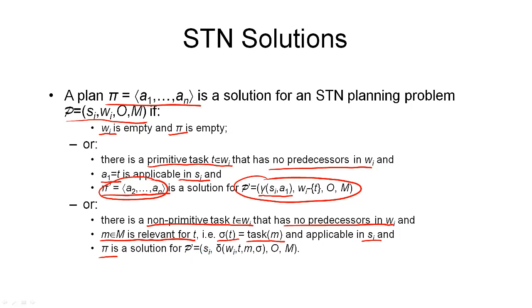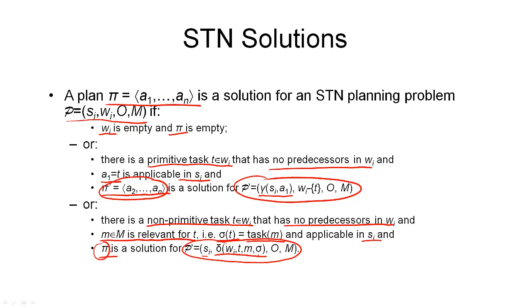And this modified planning problem consists of the same initial state, but then we have to decompose the task network, WI, which contains the task T as one of its first tasks, using method M and substitution sigma. And this gives us a new task network that we take as part of this modified problem. And again, the operators and methods remain the same. So if our plan pi is a solution to this modified problem, then our plan pi is also a solution to our original problem.